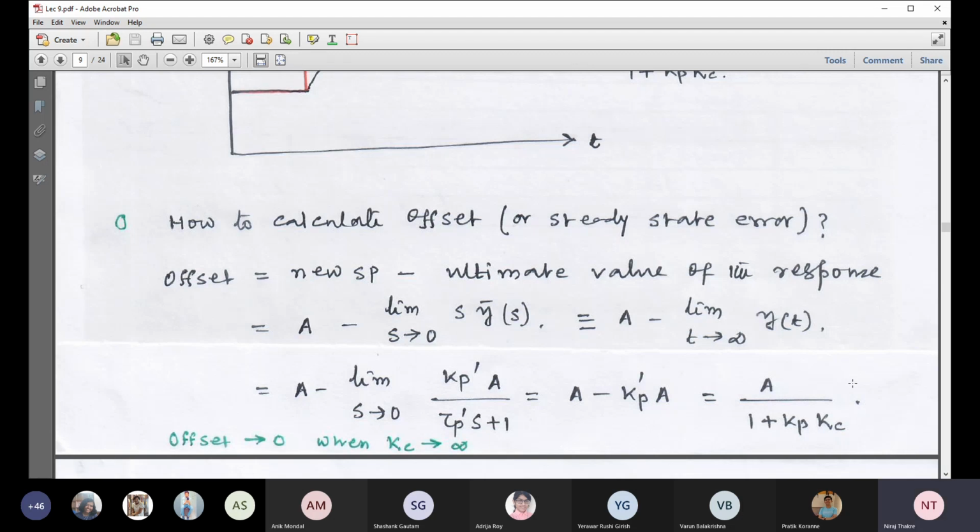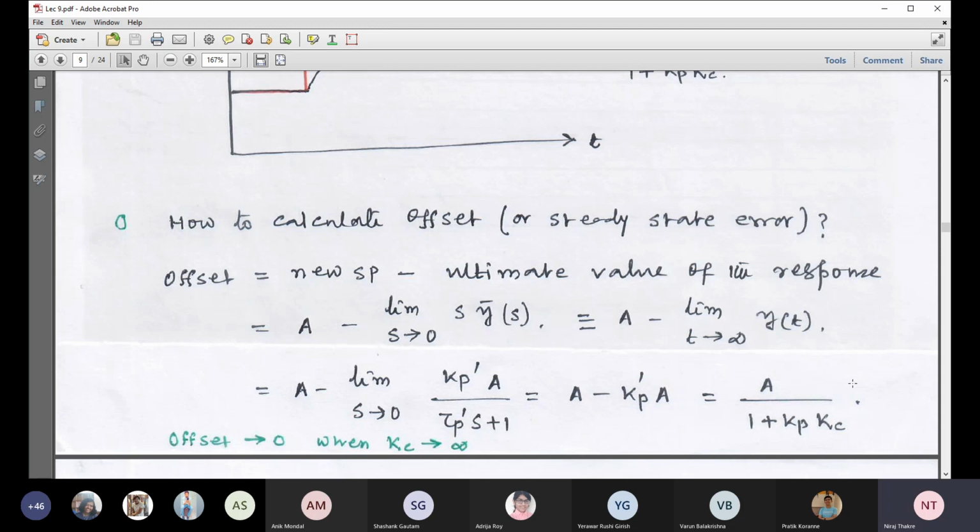So you see, I have shown for the case of servo problem how we can get the dynamic equation in terms of y against a step change in set point. Similarly, in the next phase, we will discuss how to get the dynamic equation in case of regulatory problem.